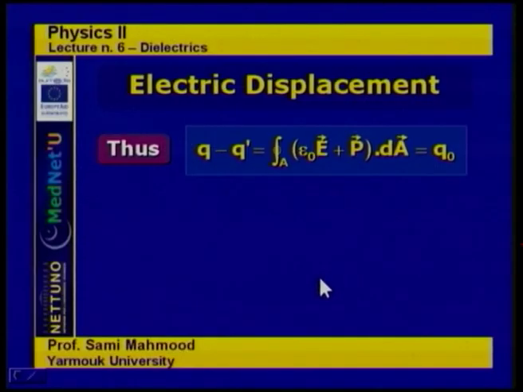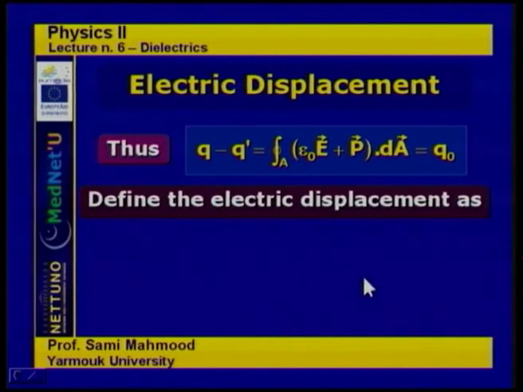Thus, Q minus Q prime, when we substitute for these quantities, is simply equal to epsilon naught times the macroscopic field E, plus the polarization P, dot dA, which is simply equal to Q naught, the free charges.